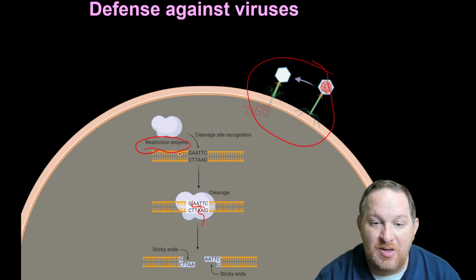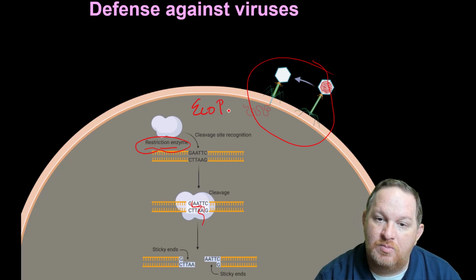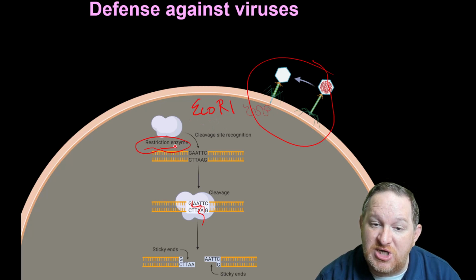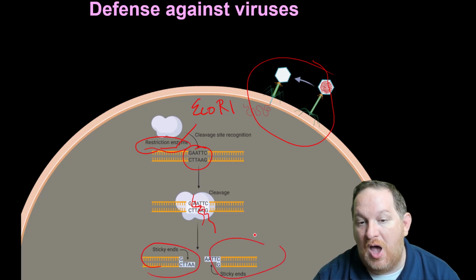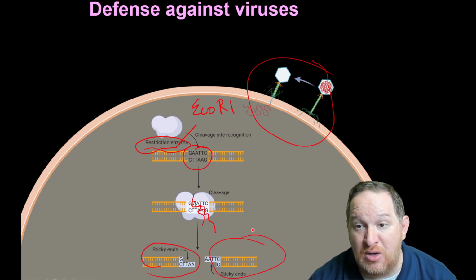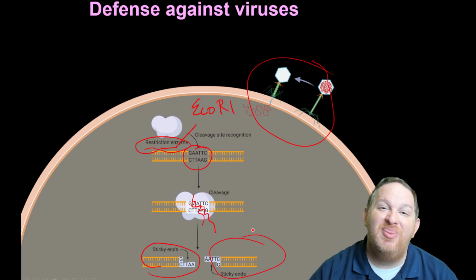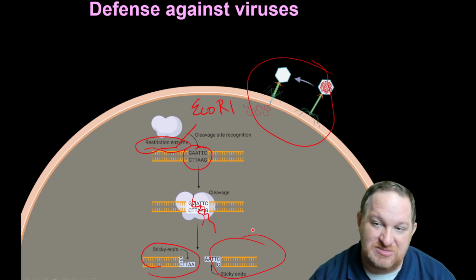So this enzyme, one particular enzyme, maybe it's in E. coli, right? We might call it EcoR1. This particular enzyme looks for a pattern that it has learned from the viruses exists. So it looks for this pattern here. Once it finds that pattern, it's like little scissors and cuts it up. So then you have two pieces of that genetic material, so that that viral DNA can't cause as much harm.